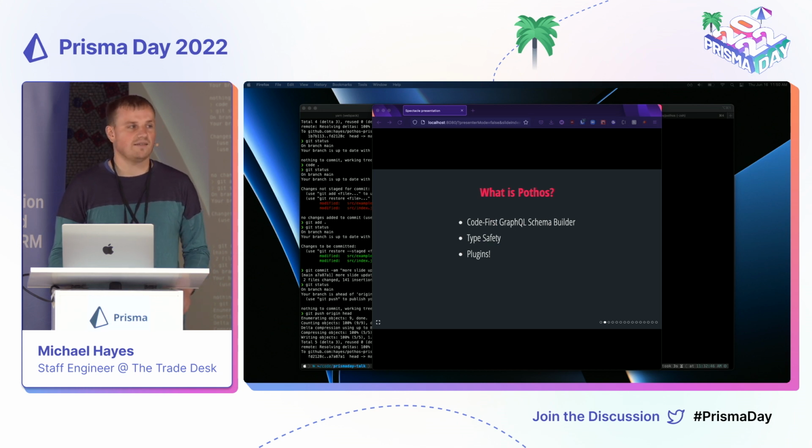The plugins for Pothos use a kind of unique pattern that makes the plugins really feel like they're part of the core API, and the plugins can hook into and take advantage of all the same type safety features that exist in the core. That means things like defining an authorization check in your schema.